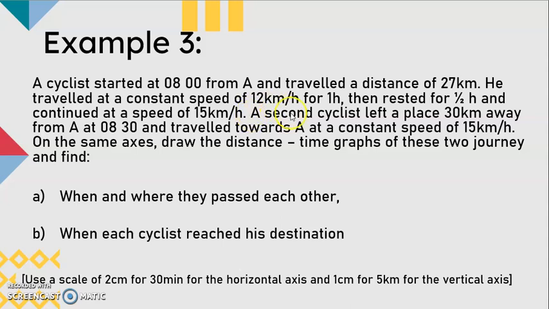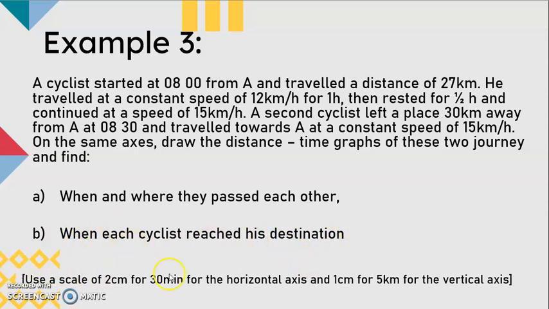Then, a second cyclist left a place 30 km away from A at 8:30 and traveled towards A at a constant speed of 15 km per hour. On the same axis, draw the distance time graph of these two journeys and find when and where they pass each other, and when each cyclist reaches his destination.